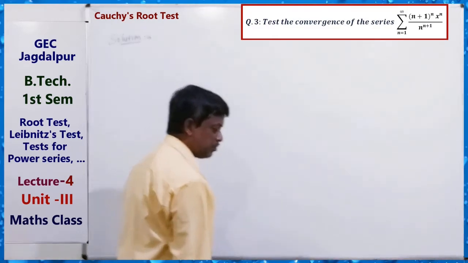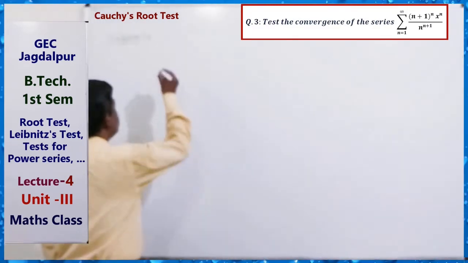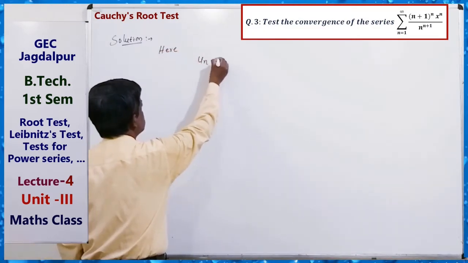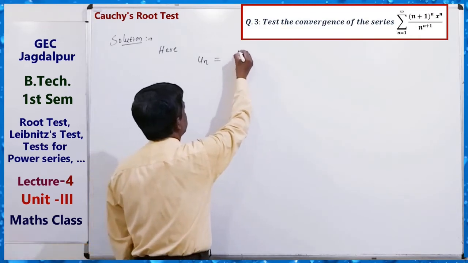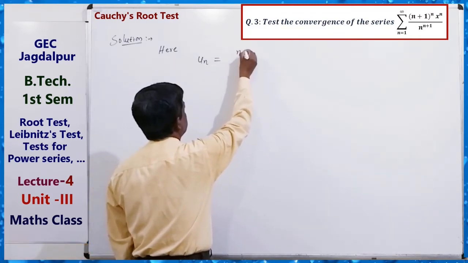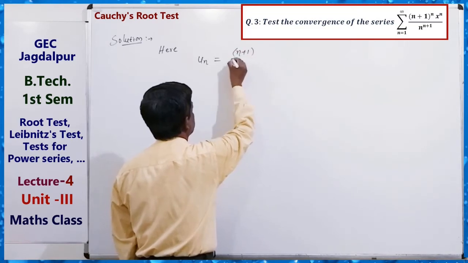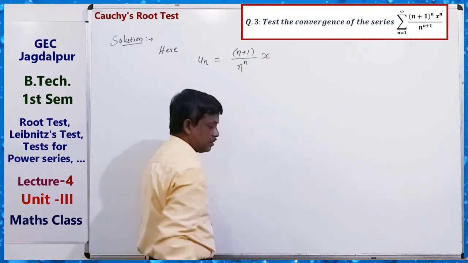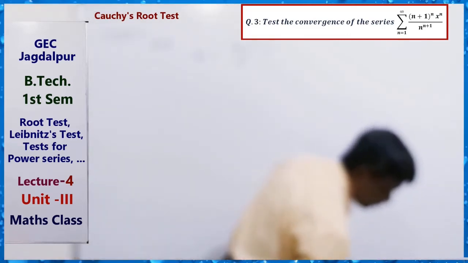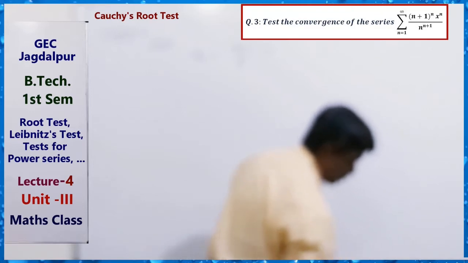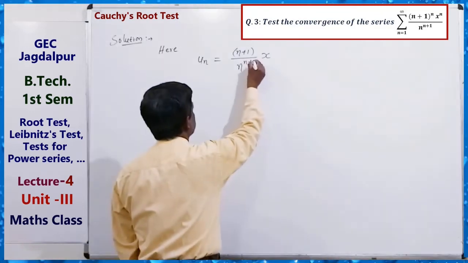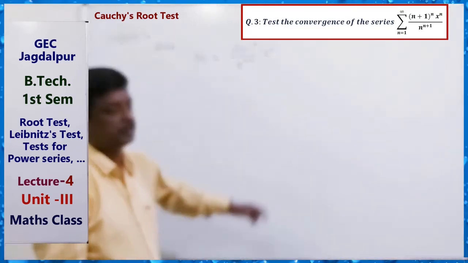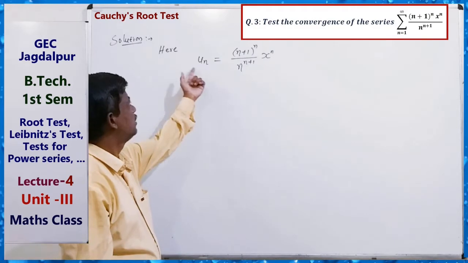What? n plus 1 power n. In this series it is given that the nth term is this.